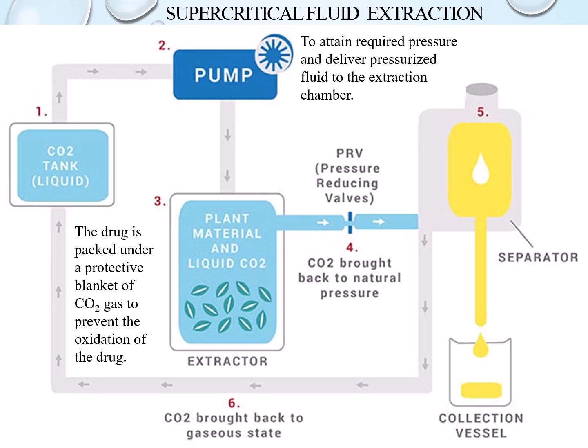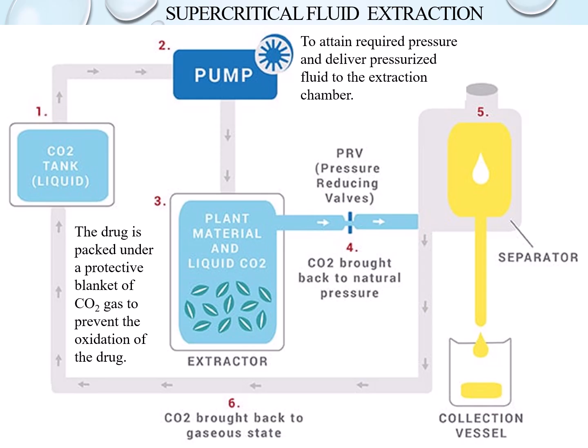So from the tank, the fluid carbon dioxide is pumped onto the extractor, and while passing the fluid through the plant material, it extracts the volatile oils. Then it is brought into a separator where the pressure is released. So what happens? Only under pressure the carbon dioxide exists in the form of a fluid.